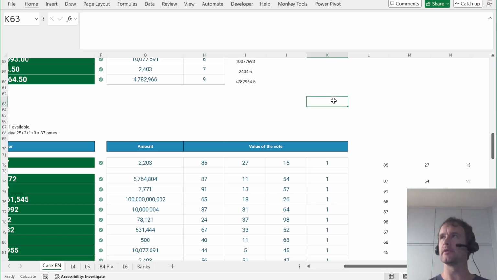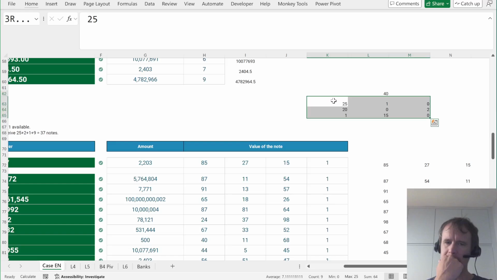Suppose you had 25, 20, and 1, and you wanted to make 40. Then, by the greedy algorithm, you would take 1 of that, then you've got 15 left, so you take 0 of that, and then you take 15 of that. But if you did not take the greedy algorithm, you would take 2 of those, and 0 of those, and 0 of those. So yes, my intuition was right.